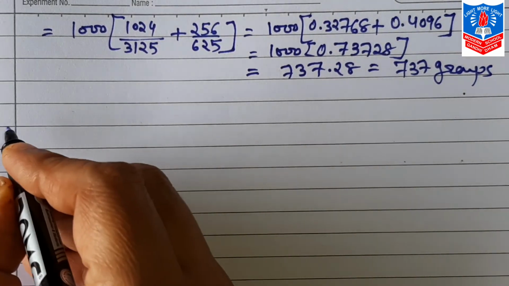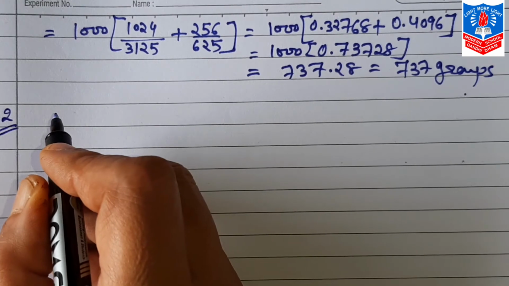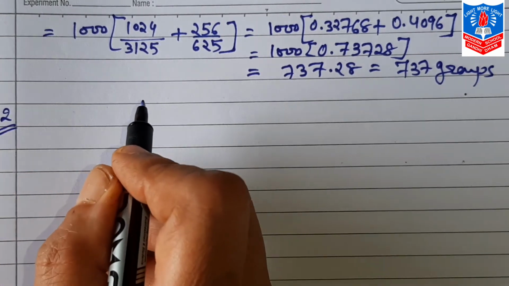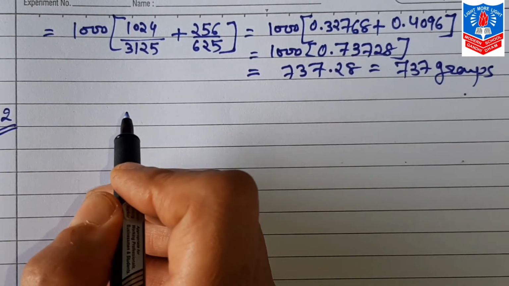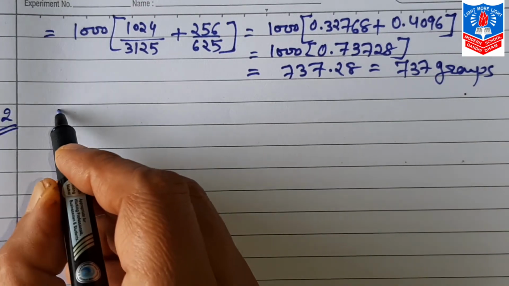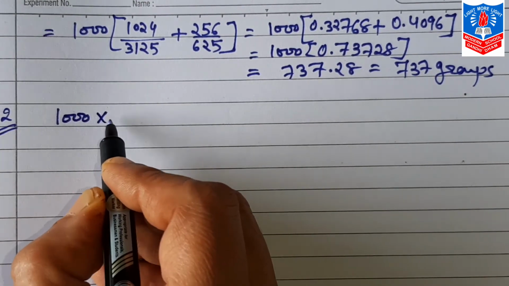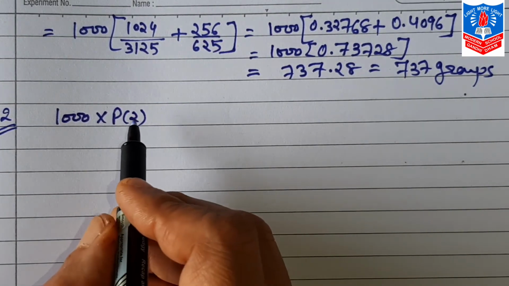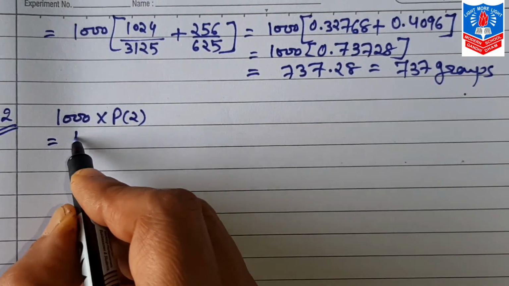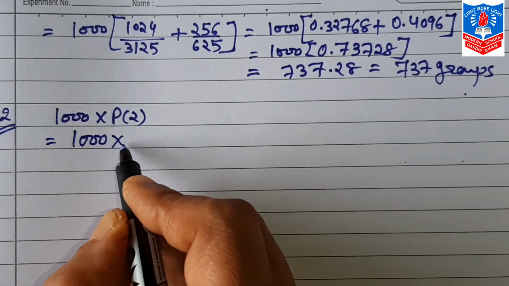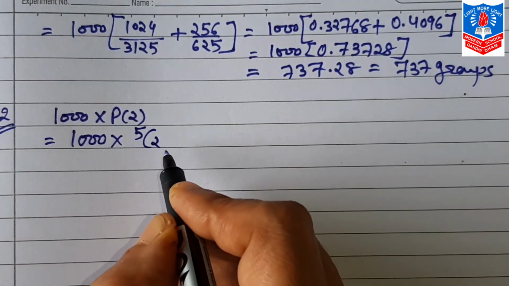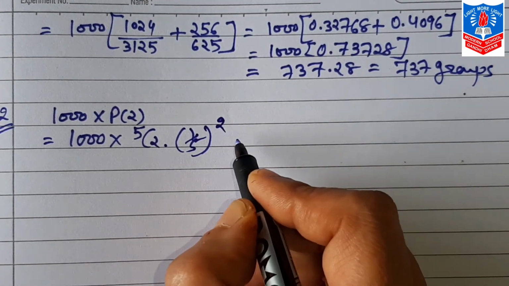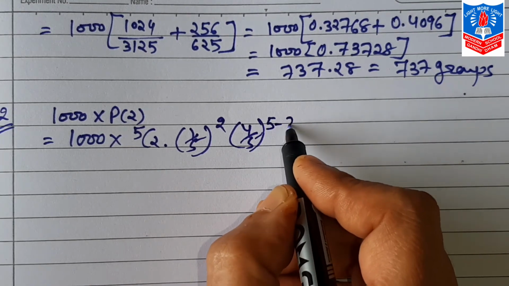Now the second question in this only is given this way, that two housewives can identify the difference between two brands of butter. So in that case, 1000 into P2, because it is given very clearly that two housewives. Same way, 1000 into 5C2 into 1 by 5, because value of P is 1 by 5 raised to 2, 4 by 5 raised to 5 minus 2.